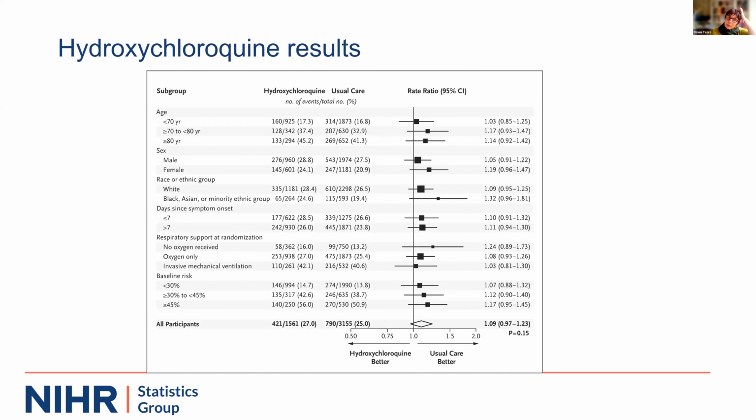And in this case, when they produce the results, again they've shown some subgroups, but on this graph they've shown multiple subgroups within the patients.